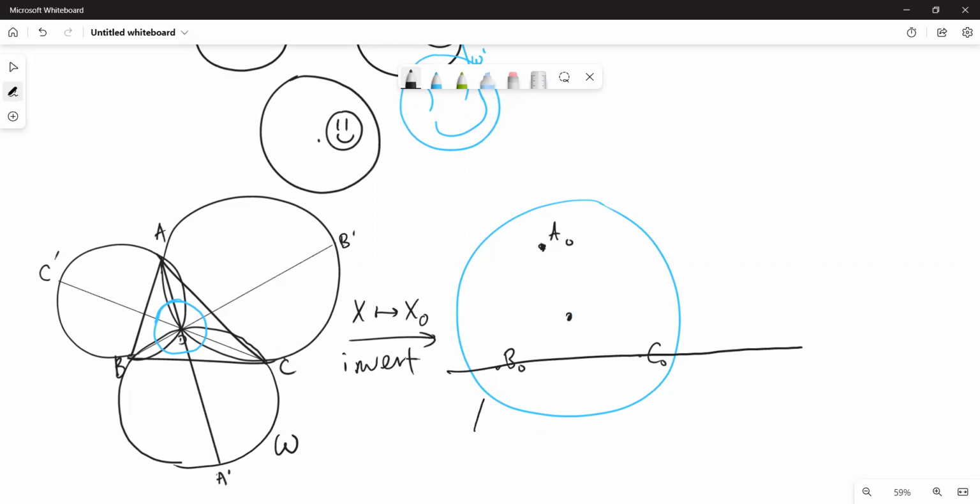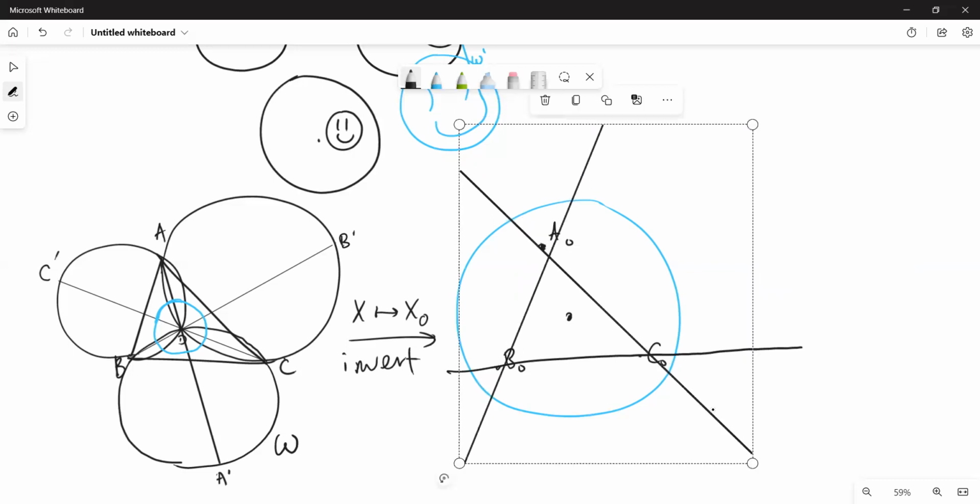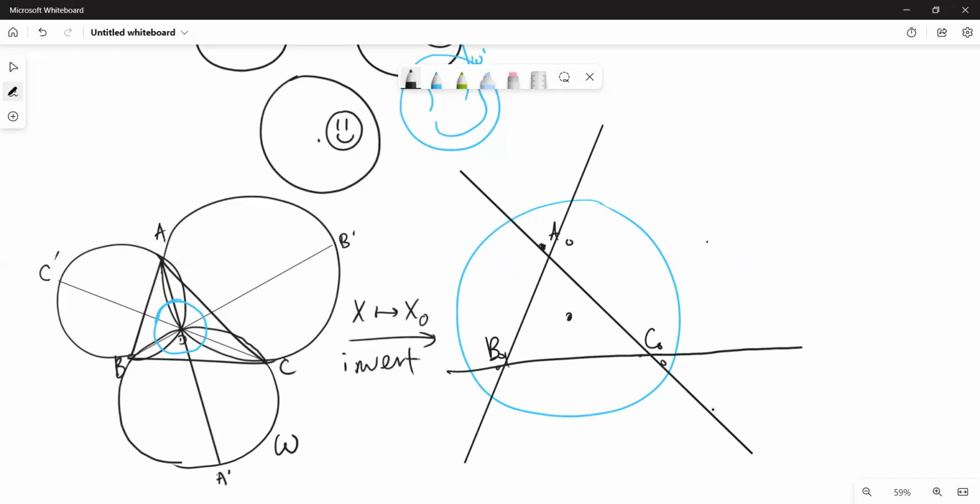And similarly, we have this line and this line probably. Yeah, I can't draw it properly. Hang on.